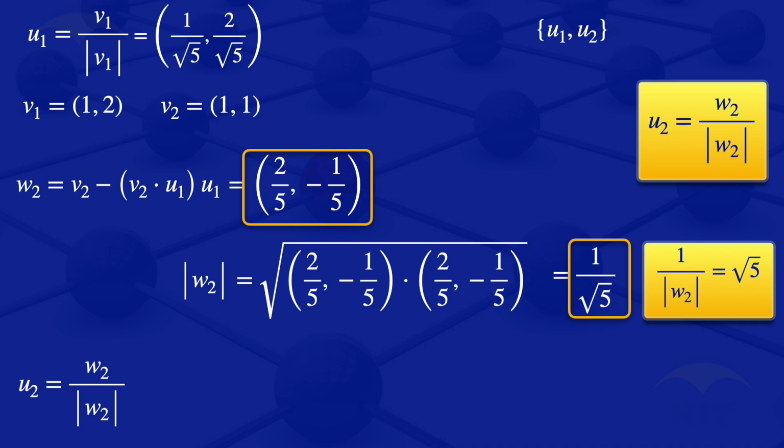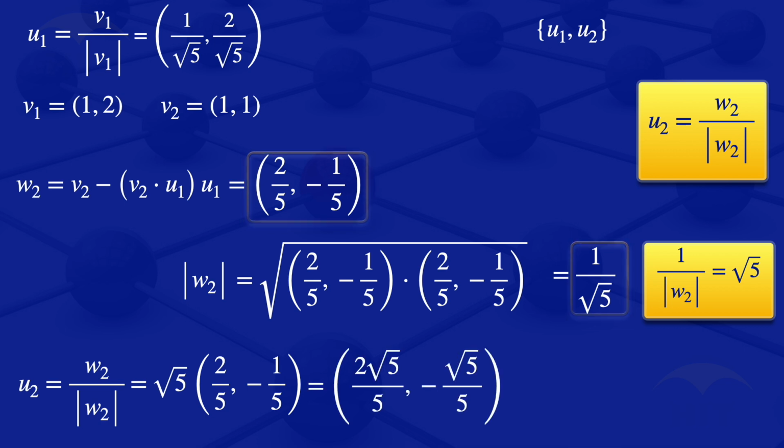Substituting the highlighted parts, we have square root of 5 times the vector (2 over 5, minus 1 over 5). Multiplying throughout by the square root of 5, we have (2 square root of 5 divided by 5, minus square root of 5 divided by 5). So that's our U2.